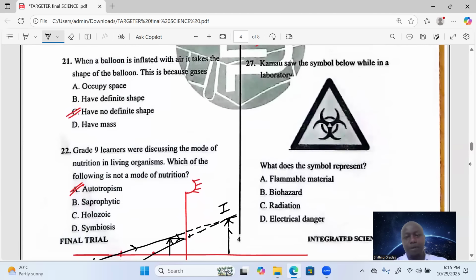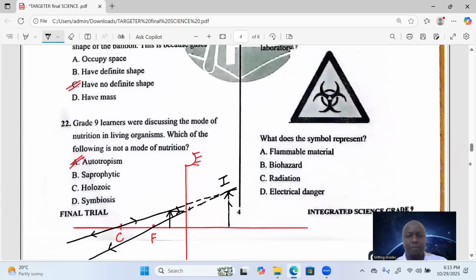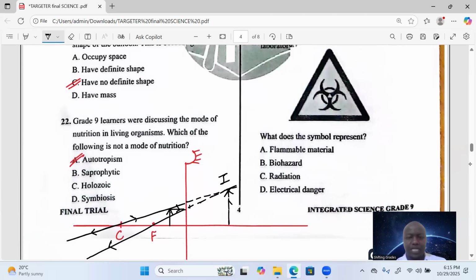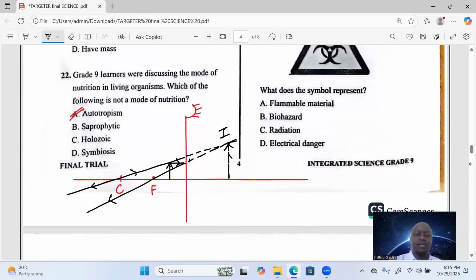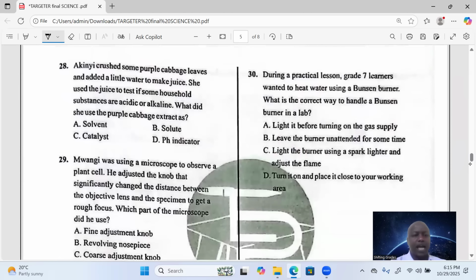Look at 27 now. Kamau saw the sample while in a lab. What does the sample represent? This one means biohazard. It's a biohazard substance. 28. Akinyi crushed some purple cabbage leaves and added a little water to make juice.